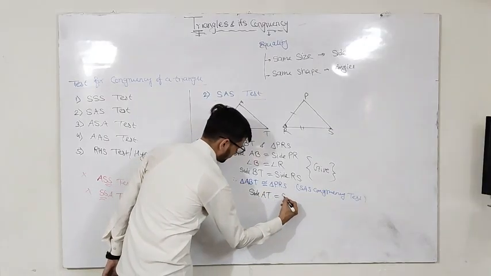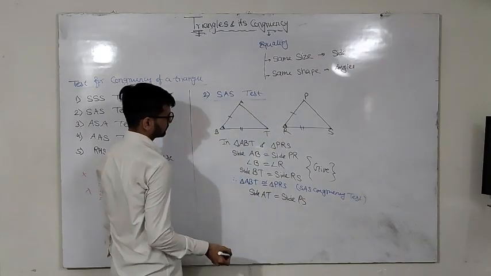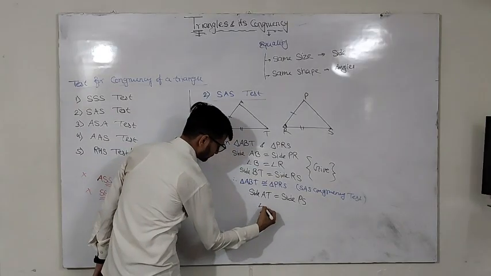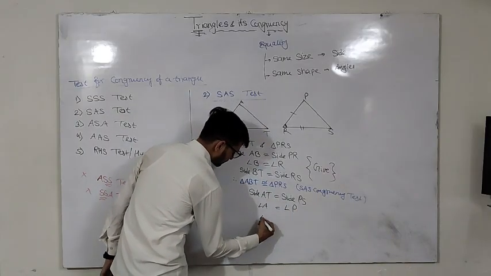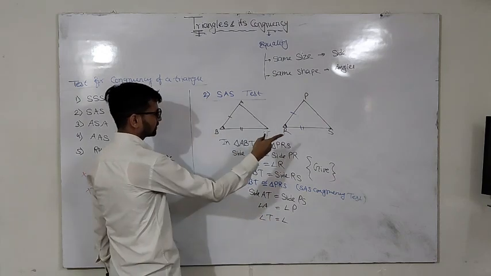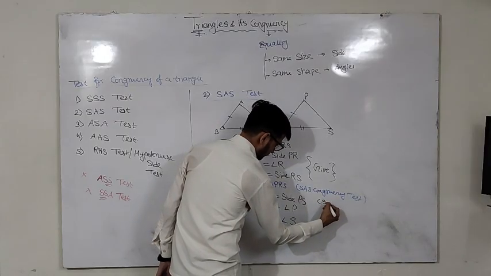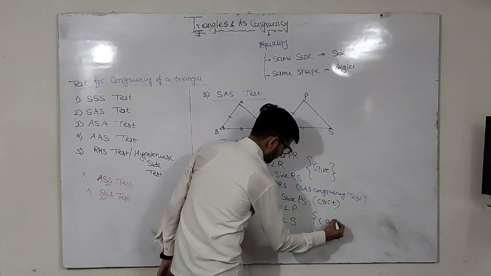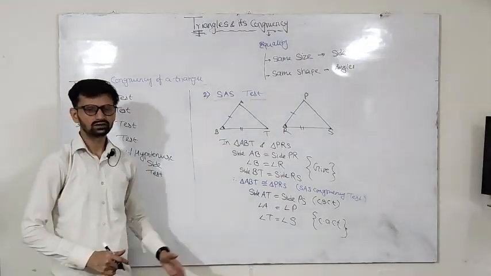Side AT equals side PS, and angle A equals angle P, angle T equals angle S. So here are the corresponding sides of congruent triangles and corresponding angles of congruent triangles.